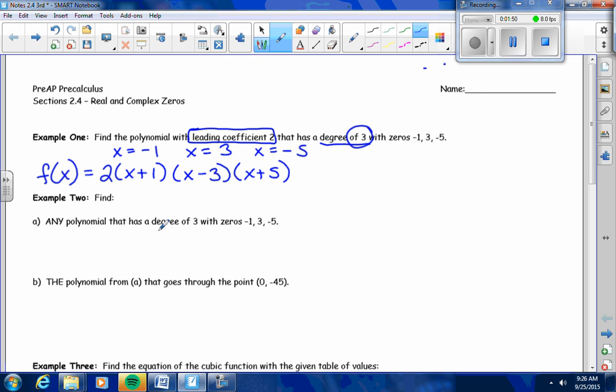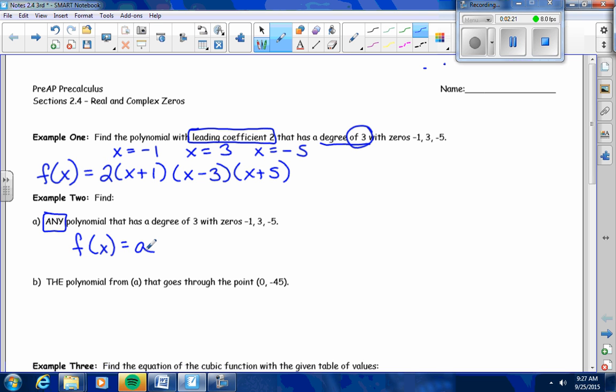On example 2, find part A, any polynomial that has a degree of 3 with the zeros at -1, 3, and -5. How is that different than example 1? It's not telling me anything about a leading coefficient. Instead, it just says, give me any polynomial. So in that case, it wants it a little bit more generic. When it wants any polynomial, instead of putting an actual number in front as the leading coefficient, we're going to put the variable a.